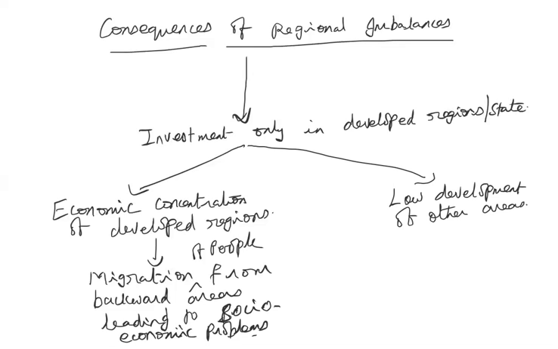And this obviously leads to unemployment, because if there is no investment in the backward areas, who will do the production? How will production take place in the underdeveloped areas? If there is no production, this is going to lead to unemployment in the country. And because of the lack of development and investment, there is also inefficiency of the labor force.